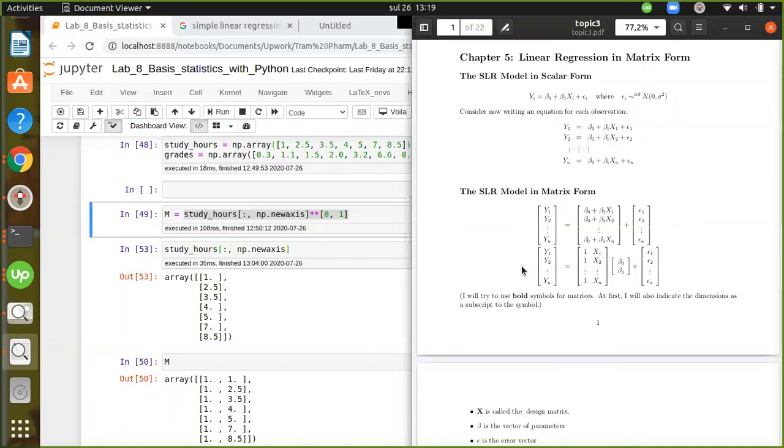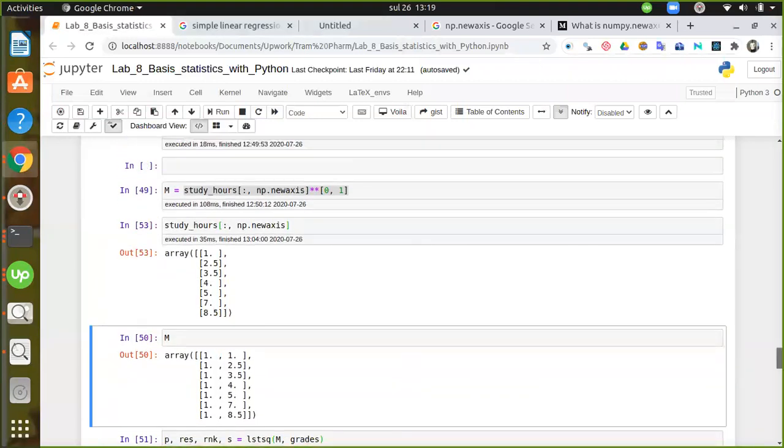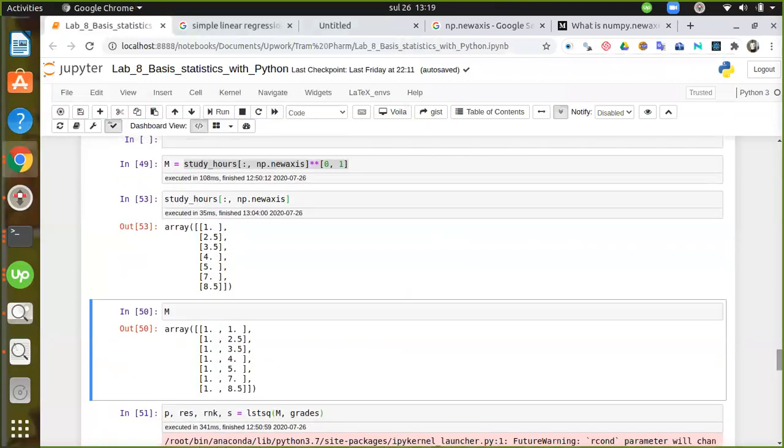Okay, so you can continue. If you see here, after generating the matrix, I use the function and provide it the matrix and my target, which are the grades. I want to predict the grade. The function returns 4 values. I store them in this one. The first value is my solution, the weights.